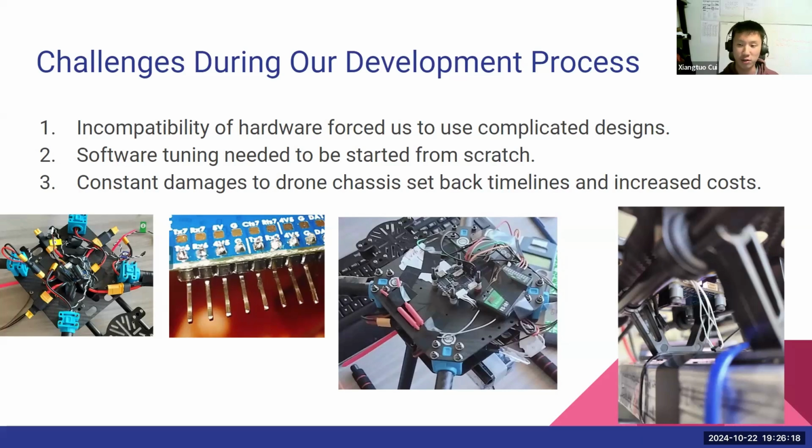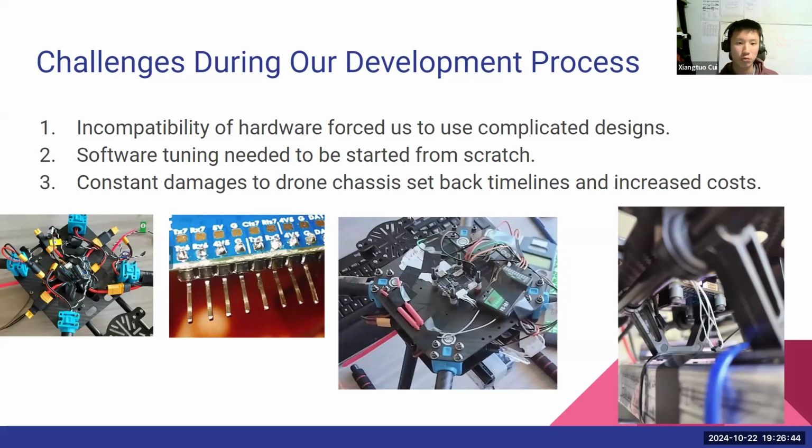For instance, our propeller wouldn't fit on the motor, and the motor couldn't be mounted on the frame. In extreme cases, we had no choice but to buy new components that we double checked would be compatible, while in others, we had to spend additional time developing complex software protocols and designing 3D support structures to make the parts compatible.